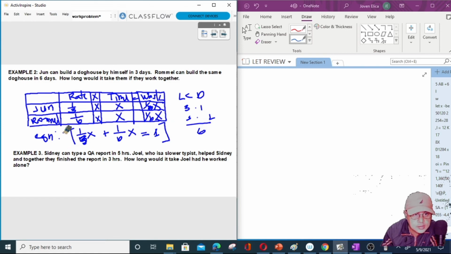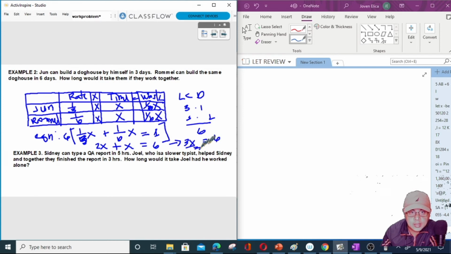Okay, so 6 divided by 3 is 2, so we have 2x, plus 6 divided by 6 is x, equals 6 times 1 is 6. So therefore, 2x plus x is 3x, equals 6.